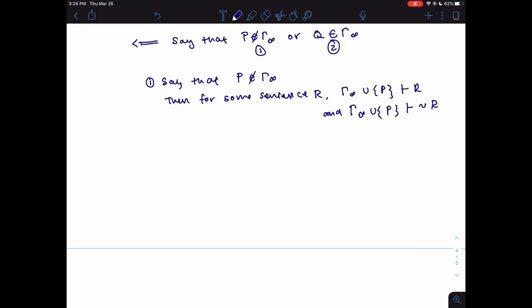Now that we can derive a contradiction, we can construct a derivation to show that gamma infinity allows us to derive if P then Q.